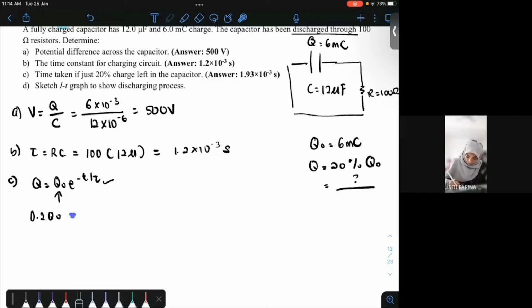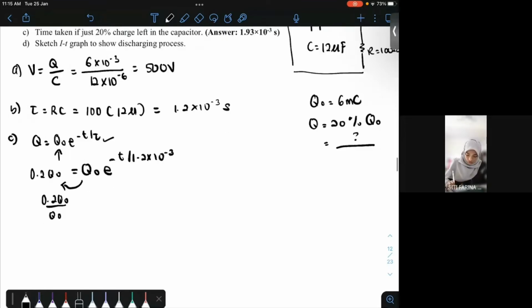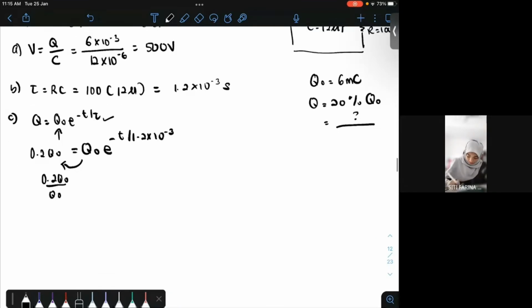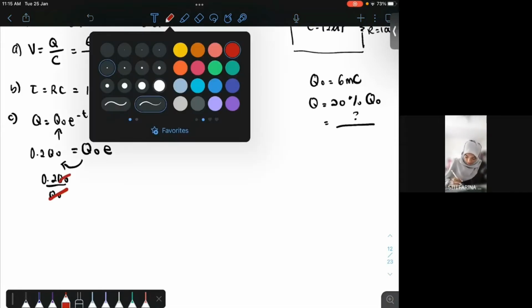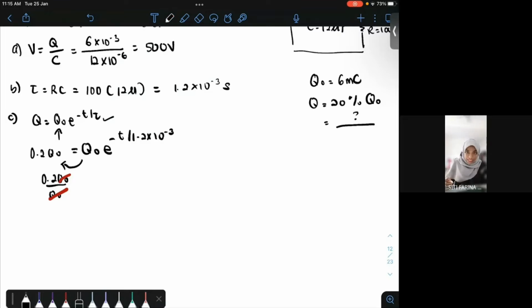So 0.2 Q0 equals Q0 exponent negative t over 1.2 times 10 to the power negative 3 second. We bring Q0 over, so 0.2 Q0 divided by Q0. Q0 will cancel. This is the reason I didn't write the value earlier, I wrote it in terms of Q0.